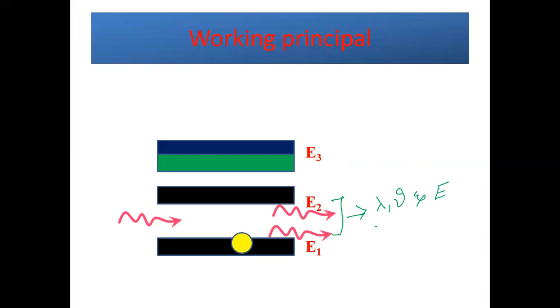In this case, these two photons are identical. In this process, we get a 6943 angstrom wavelength laser beam. This is the complete working principle of ruby laser. At the output, we get this wavelength, 6943 angstroms.